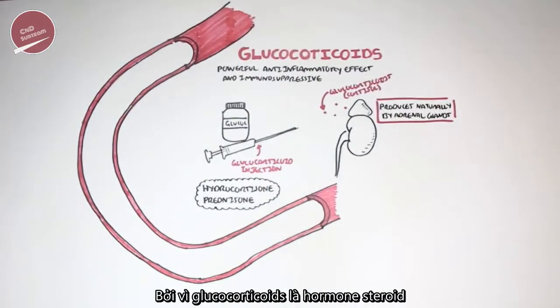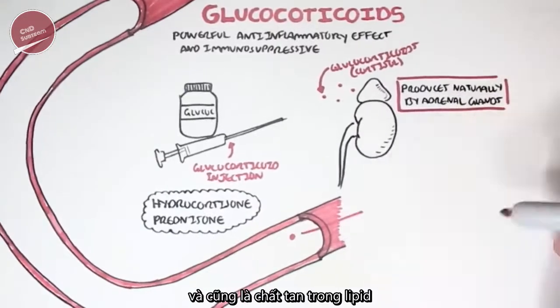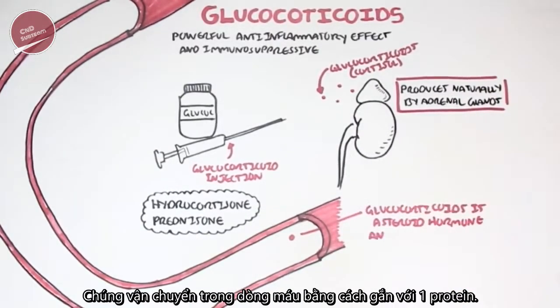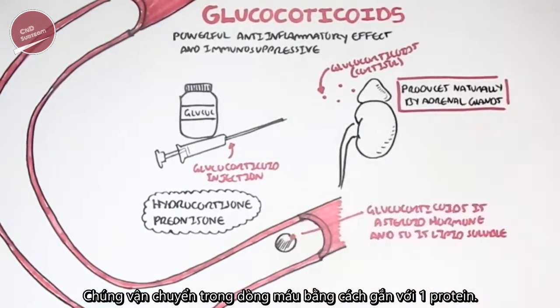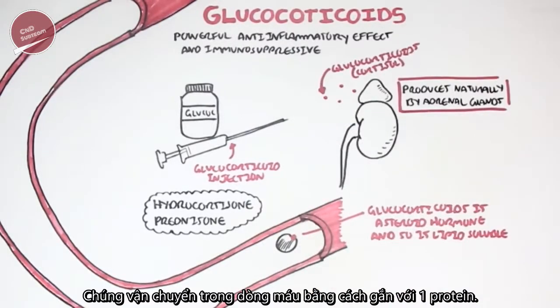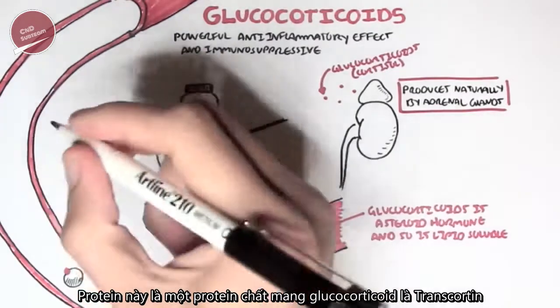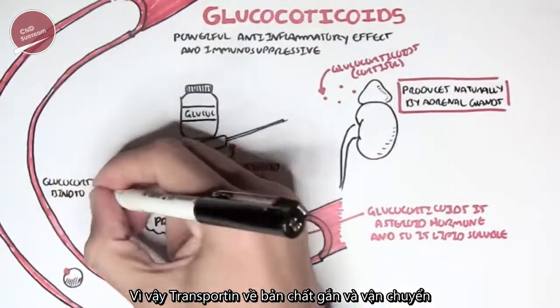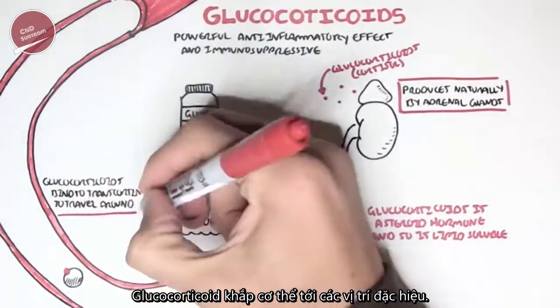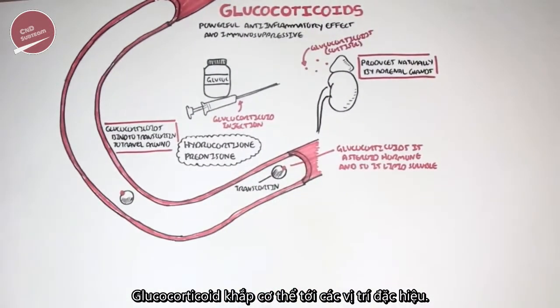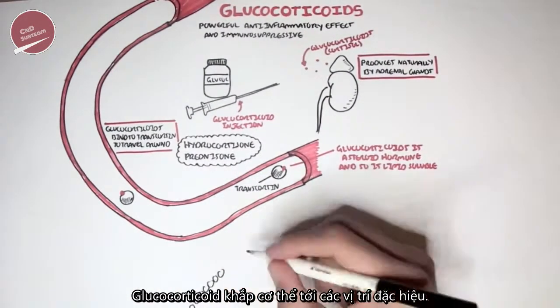Because glucocorticoids are steroid hormones and so are lipid soluble, they have to be transported around the blood bound by a protein. This carrier protein for glucocorticoids is known as transcortin. Transcortin binds and transports glucocorticoids around our body to specific locations.